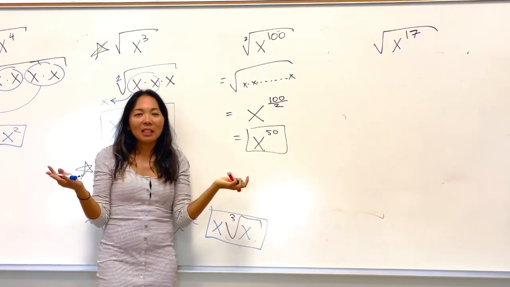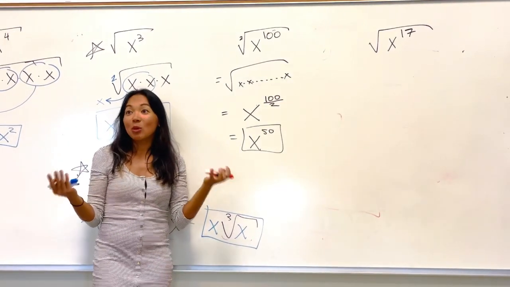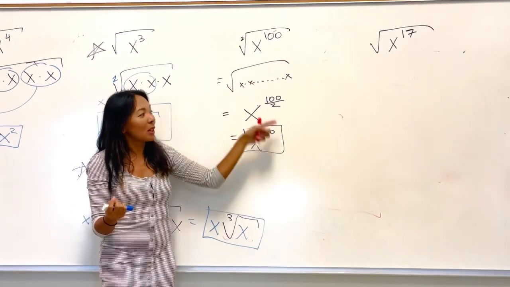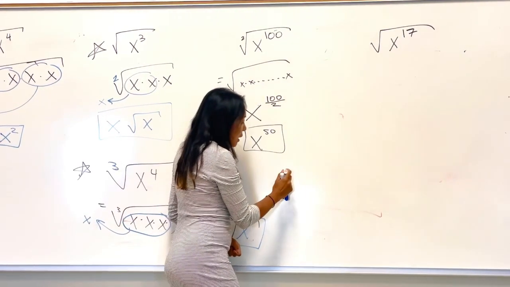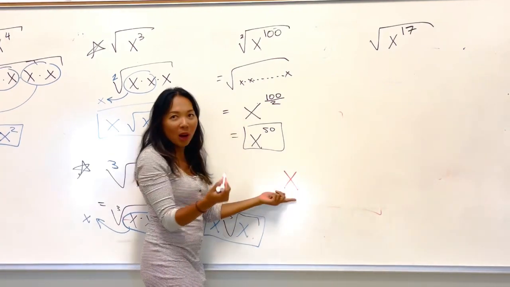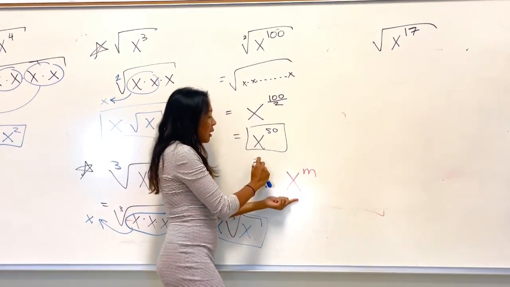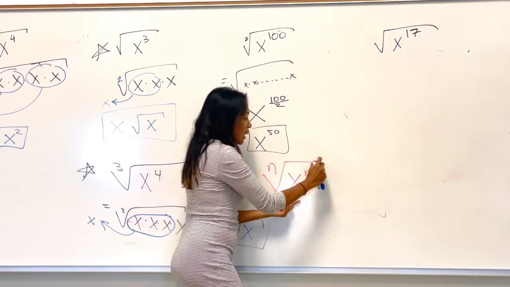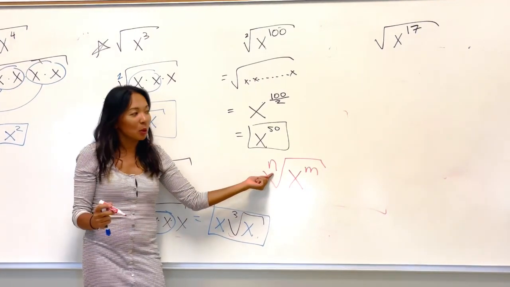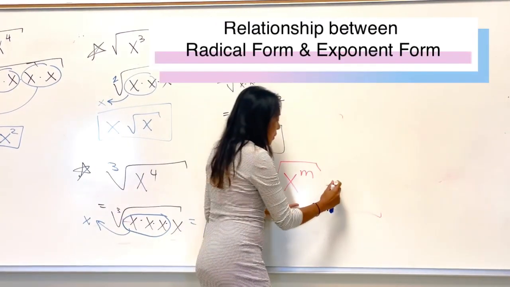So remember at the beginning of class, I mentioned that radicals and exponents are brother and sister, right? They're related to each other. You can convert one thing to another. This is a thing that you guys want to remember. If you have x or y, w, whatever, to whatever power, and you take the nth root of it, so this is the index, you can rewrite it to its sister form.